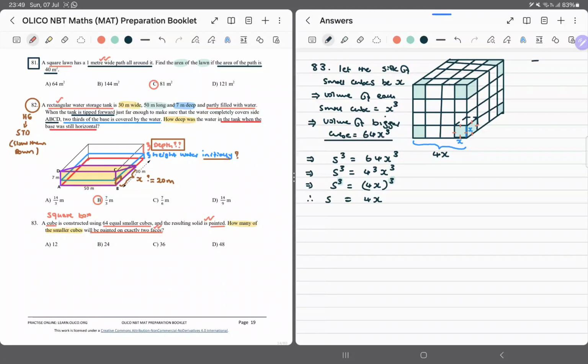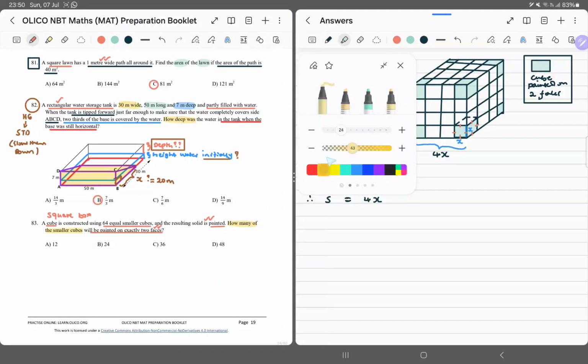So we can just easily put a key here and say this is basically painting a cube painted on two faces. Right. That's our key right here, because we can't paint all of them.